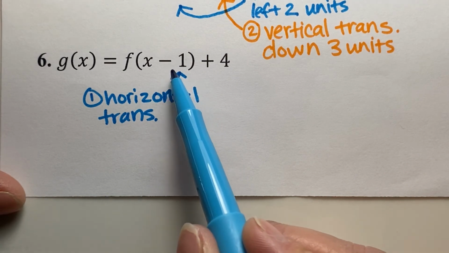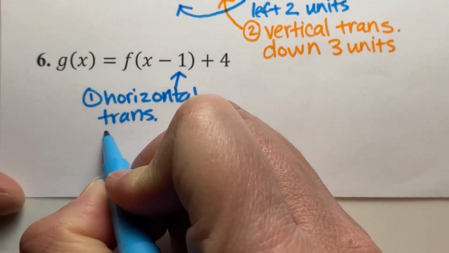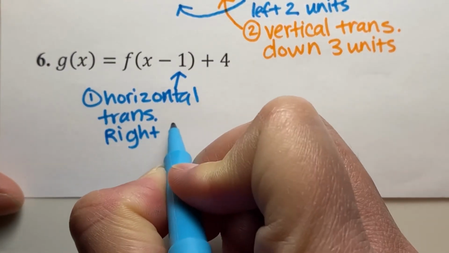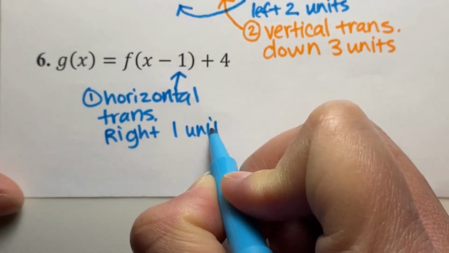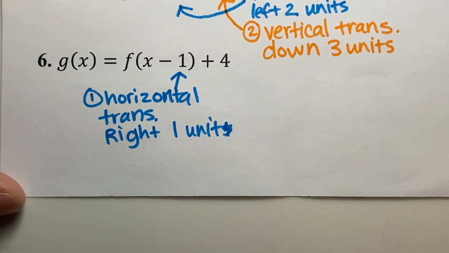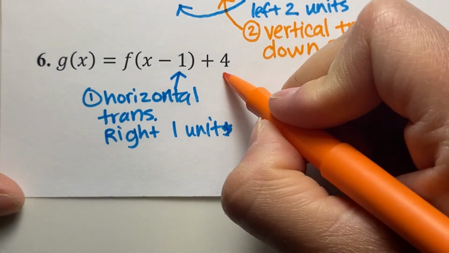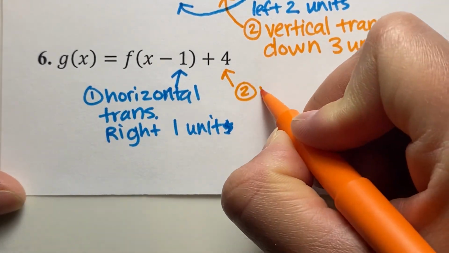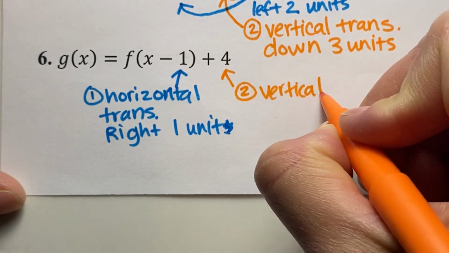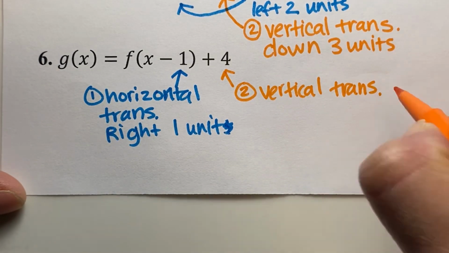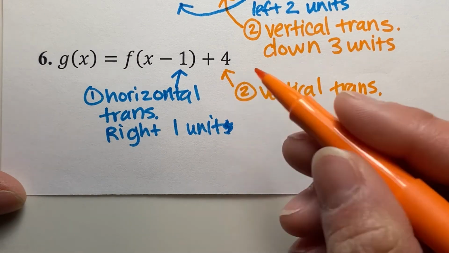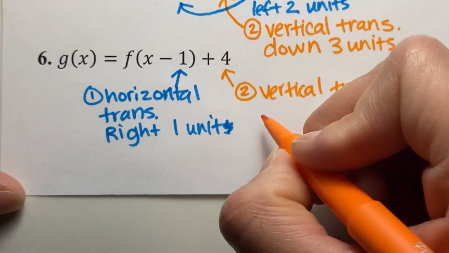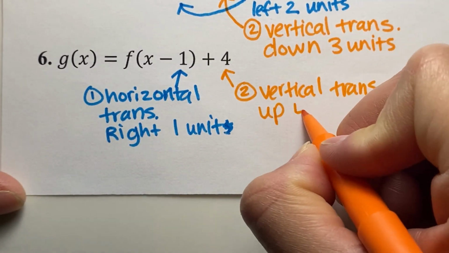So if I see a minus 1, it's moving right 1 unit. This plus 4 on the outside is telling me it's a vertical translation because I'm moving my graph up or down. So if it's on the outside, it's the true sign, so I know I'm moving up 4 units.